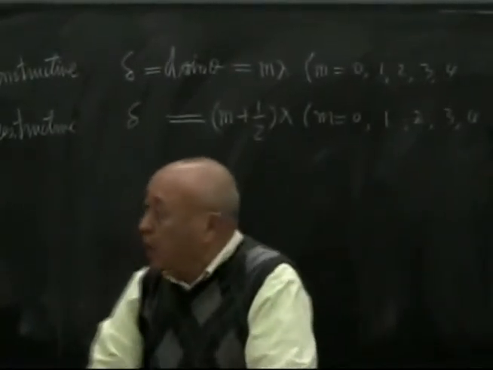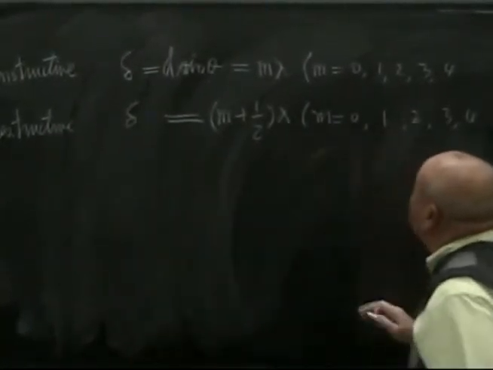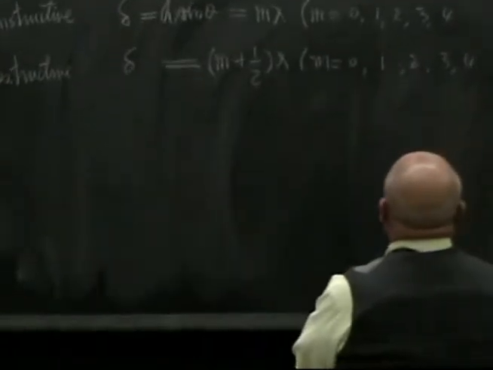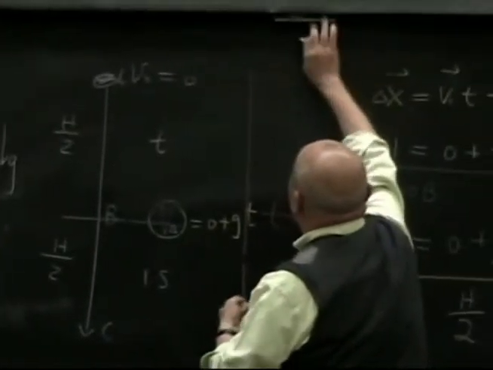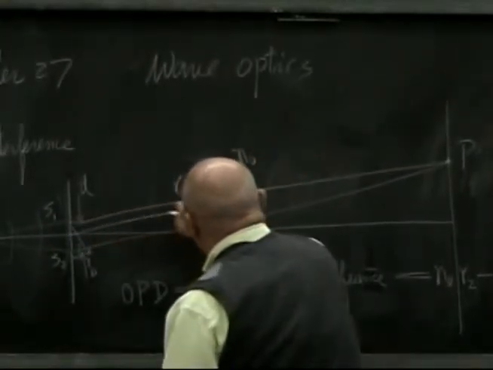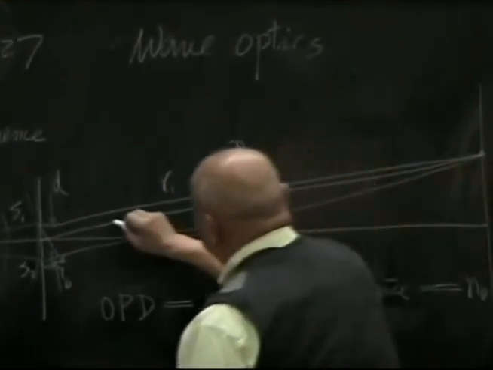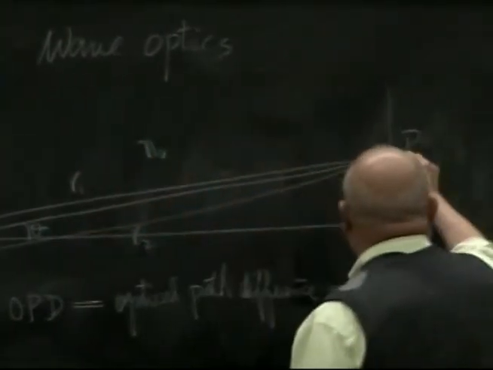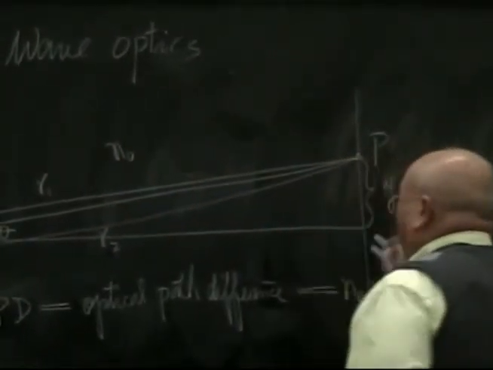Working this backward, theta is low. Here is theta, and this is y.